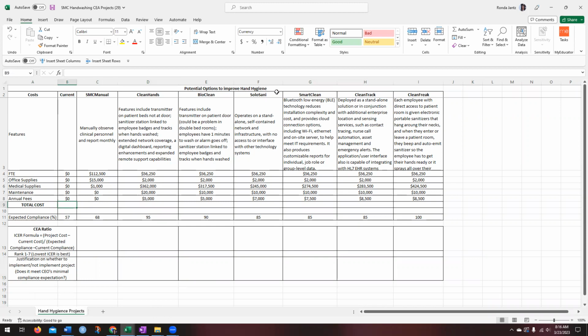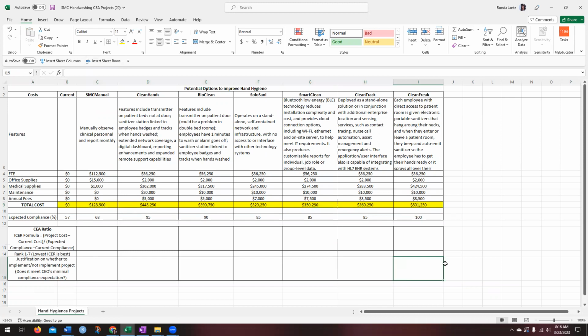So a good first thing to do is let's auto sum and figure out the total costs. So we are going to total the costs up just using auto sum for each of the different projects.